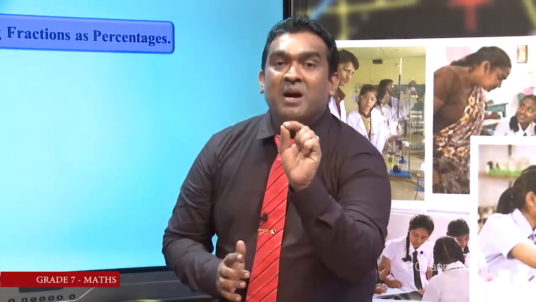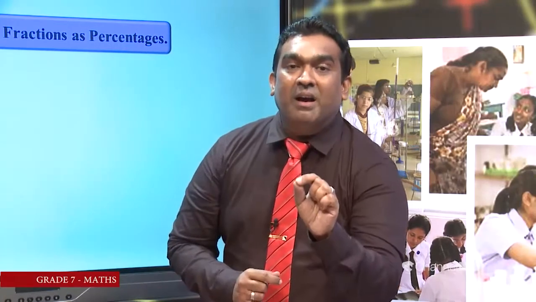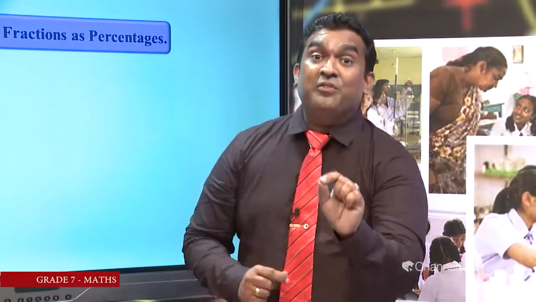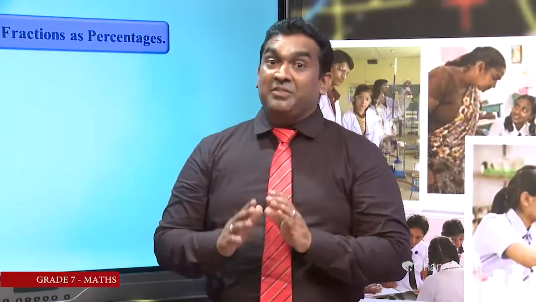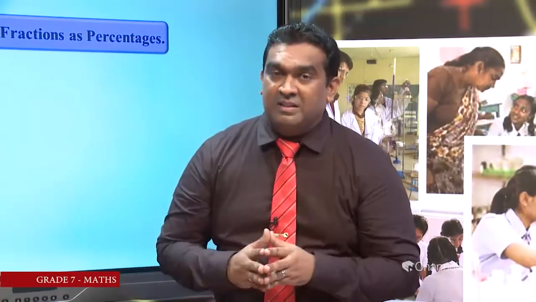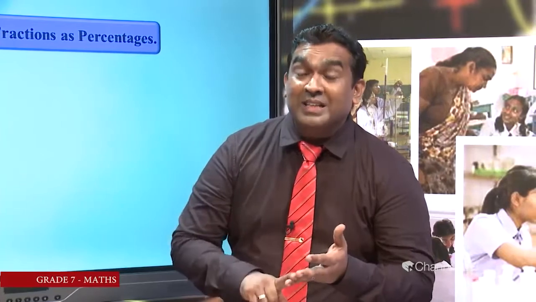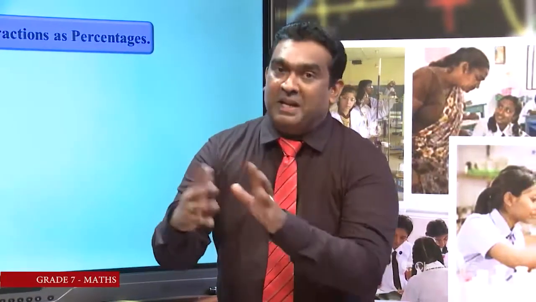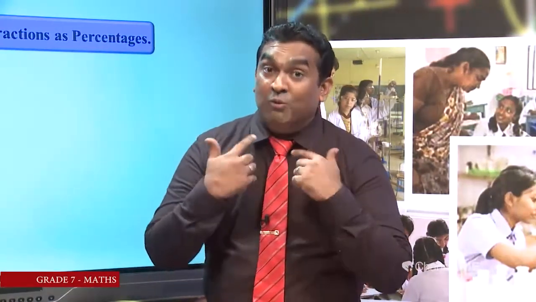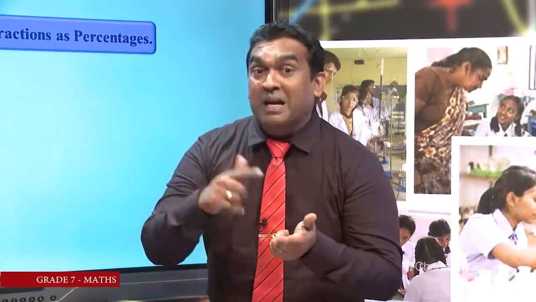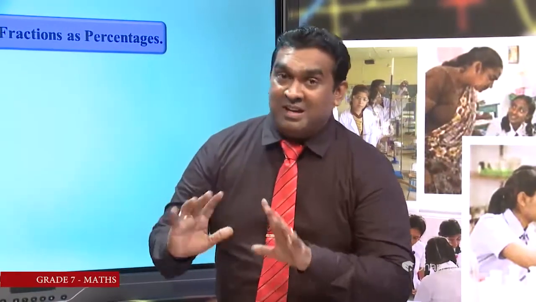The given number should be a factor of 100, otherwise it is hard. If you have 1, you can convert 1 into 100. How? 1 multiplied by 100. If you have 2, 2 multiplied by 50 is 100.